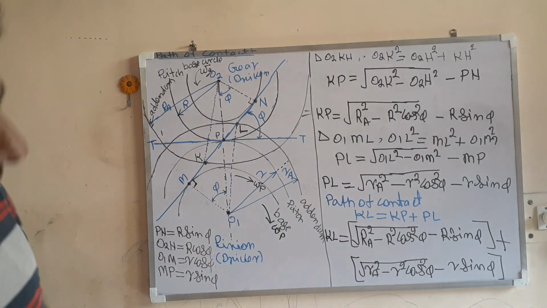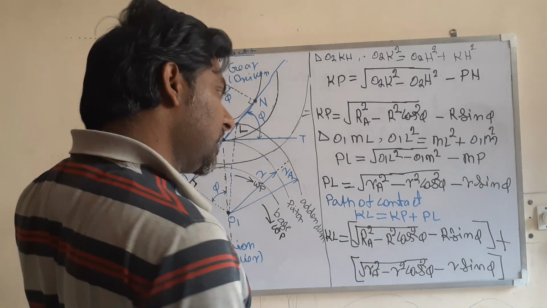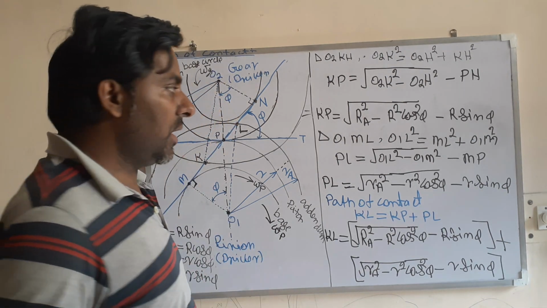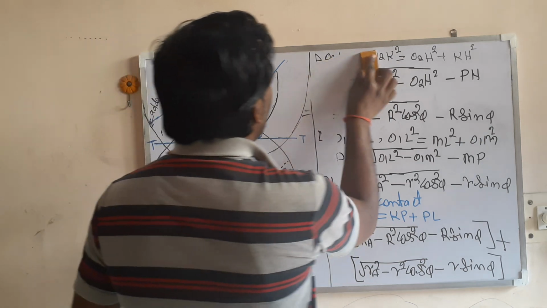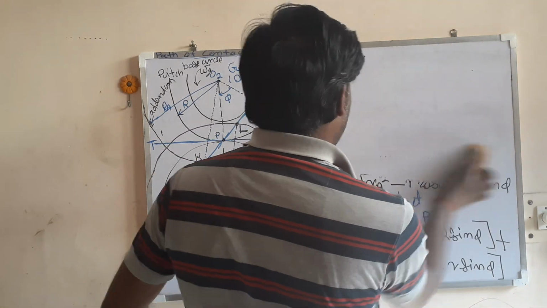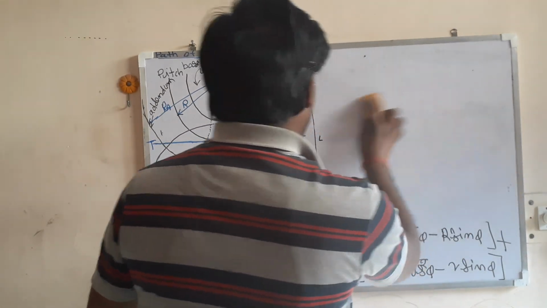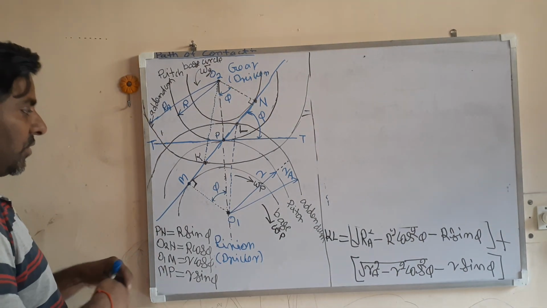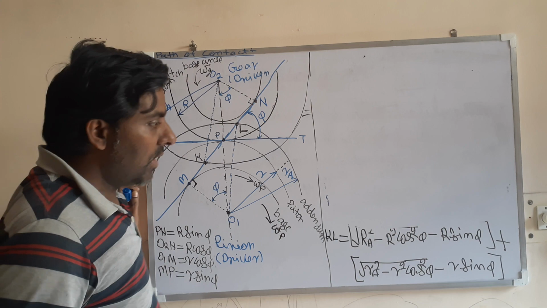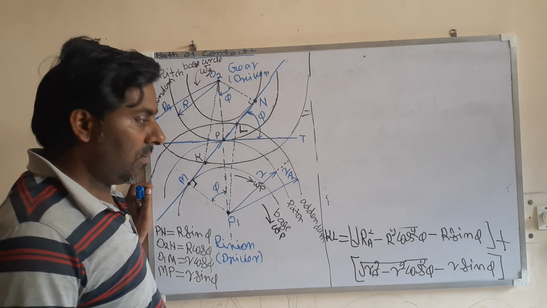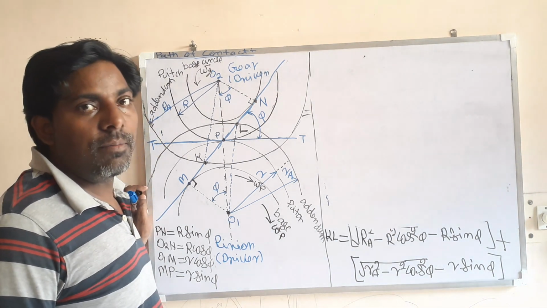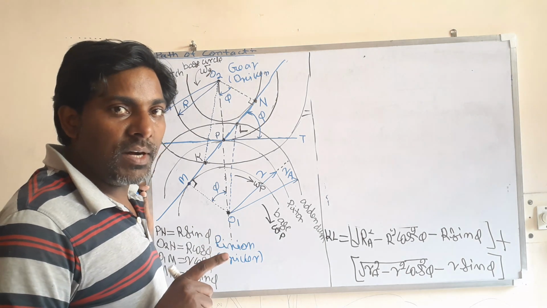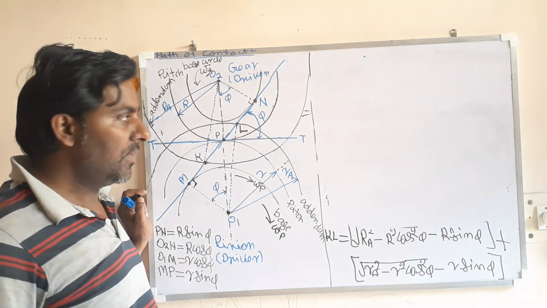So for involute gear, now let us see a special condition. Look here. When the interference is just avoided, then what is the path of approach, the path of recess and the path of contact?